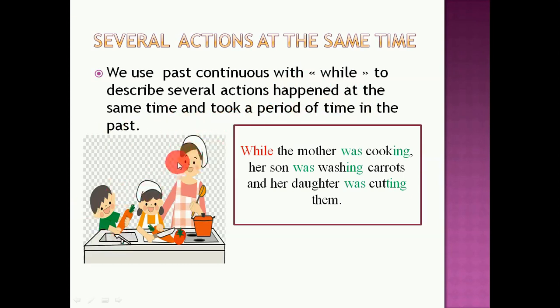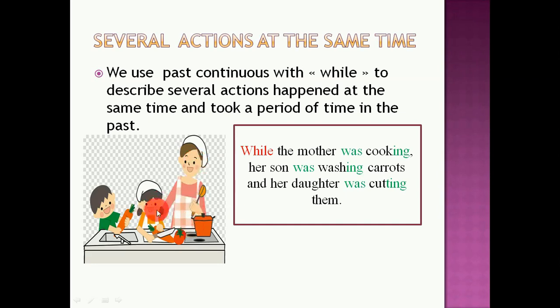Look at this picture. This is the mother, daughter, and the son. While the mother was cooking, this is action number 1.